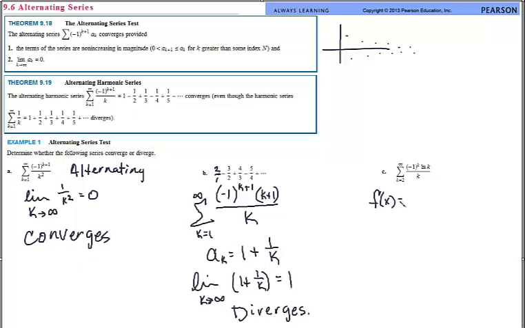f of x equals natural log of x over x, and then if I take the derivative of this, I'll use the quotient rule, and using the quotient rule you'll end up with 1 minus the natural log of x over x squared. The places where this would be our critical points are going to be at, let's see, x equals 0, and so at x equals 0, this thing is on the right hand side of this, which is where I need to look because I need those values that are greater than 2.